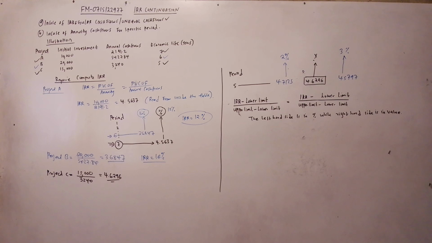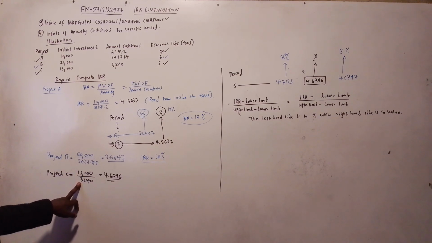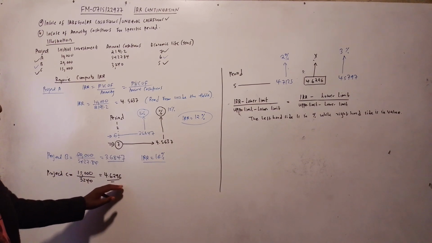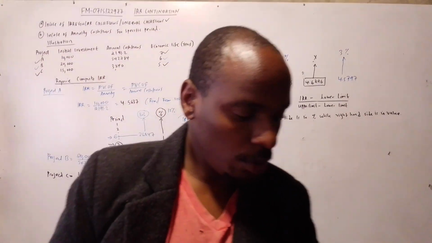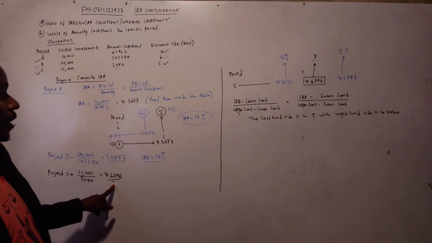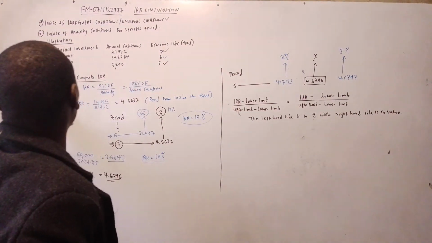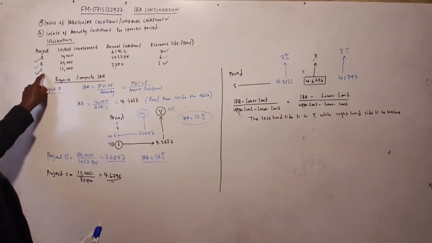So when you divide the cost with the cash flow, you shall get 4.6296. And when you go to your table, you shall realize that there's no such figure. So remember you are in project C, year 5.